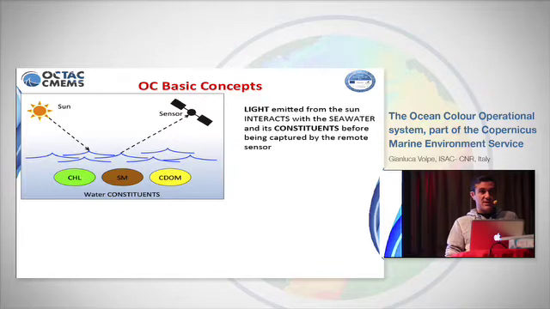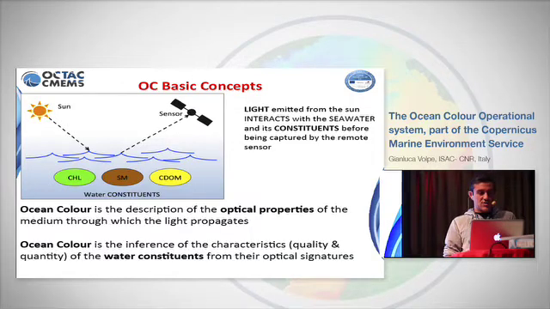You have heard about the difficulties of the atmospheric correction step. So the ocean color is the description of the optical properties of the medium through which the light propagates. Ocean color is basically the inference of the characteristics, the quality and the quantity, who and how much, of the water and constituents from their optical signatures.